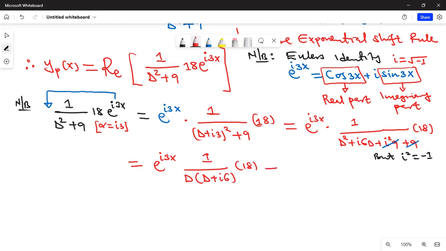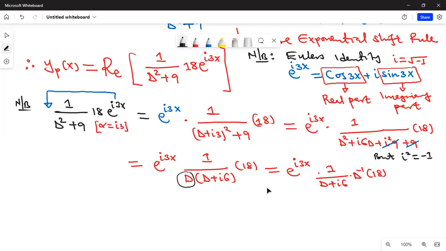So this can as well be written as exponential i3x times 1 over D plus i6, then times D inverse of 18. 1 over D is the same as D inverse. And D inverse is the same as integrating.